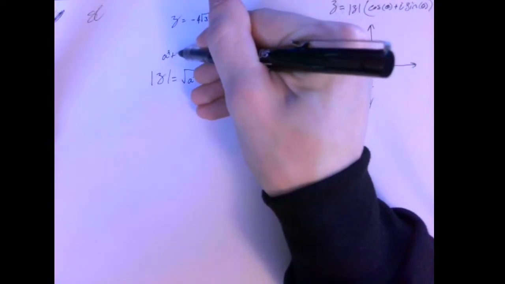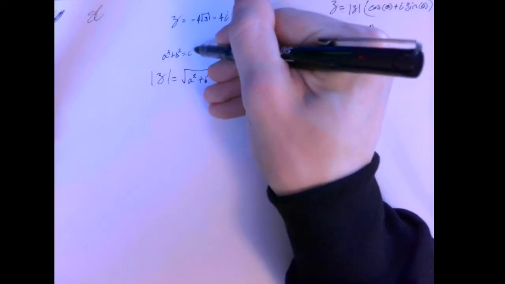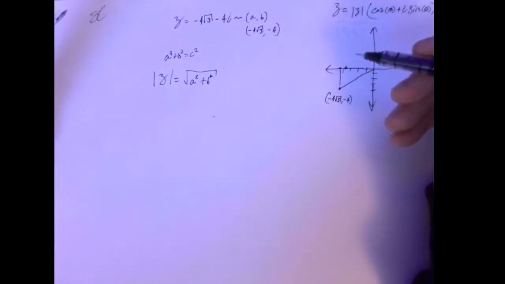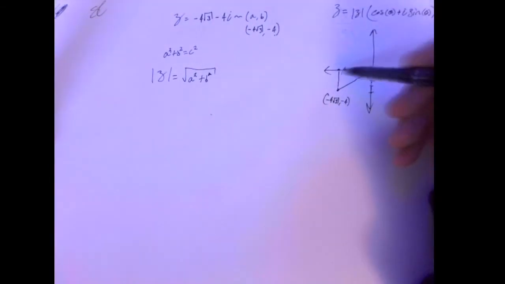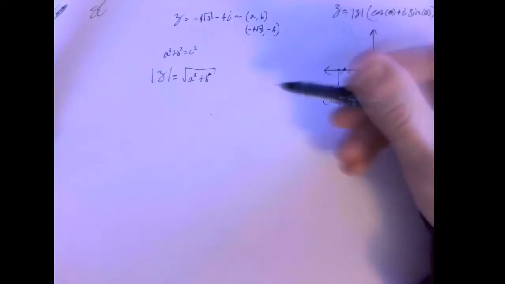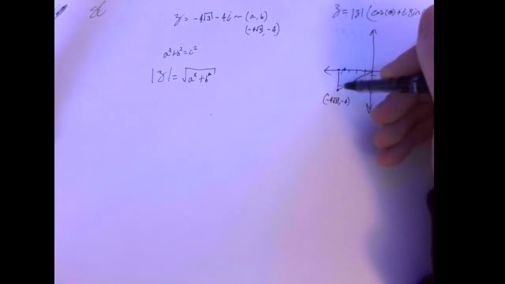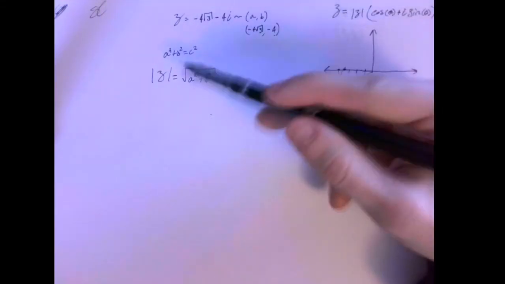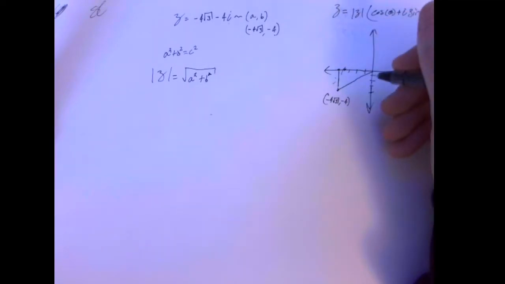Think about Pythagorean's theorem, a squared plus b squared equals c squared. You're trying to find the hypotenuse. What's your a term? This x-axis can be the a leg of the triangle. What's your b term? -4, so this could be the b leg of the triangle. And our c is absolute value of z, because it's the distance from the origin. So that's why we do that.